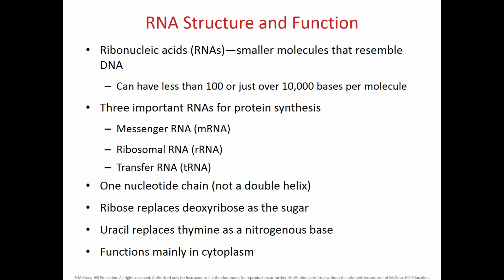We have three types of RNA that are important for protein synthesis: messenger RNA, ribosomal RNA, and transfer RNA. Now, RNA is not a double helix, it's a single strand, and ribose sugar replaces the deoxyribose sugar that is found in DNA, and uracil replaces thymine as a nitrogenous base, and RNA functions mainly in the cytoplasm.